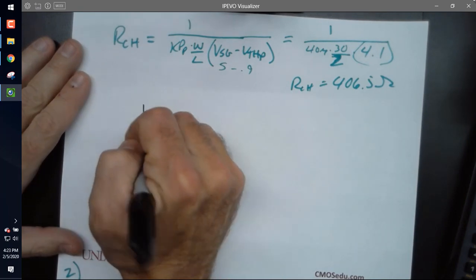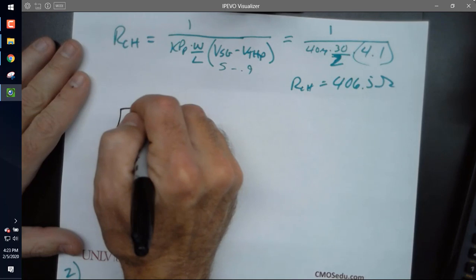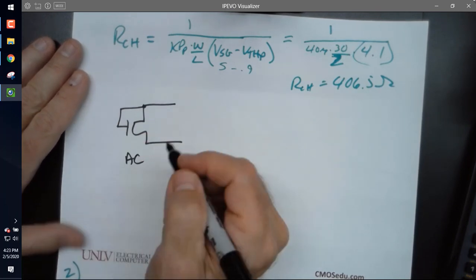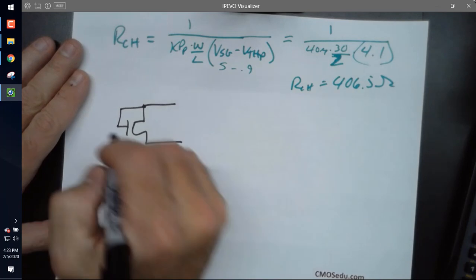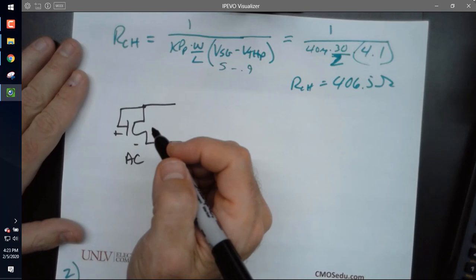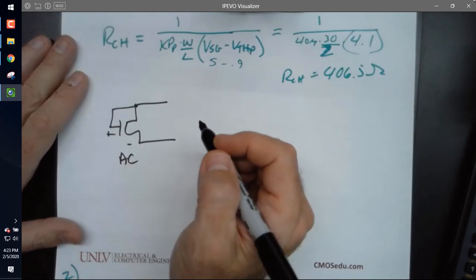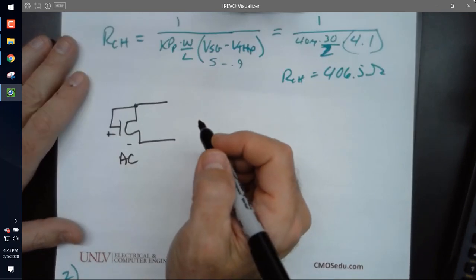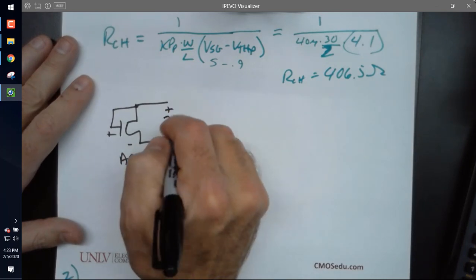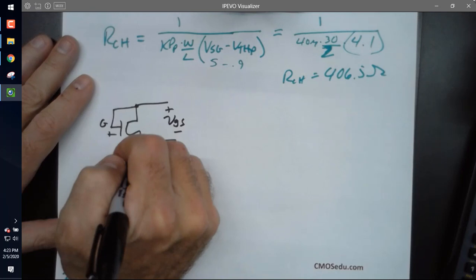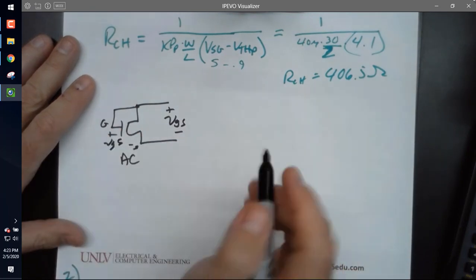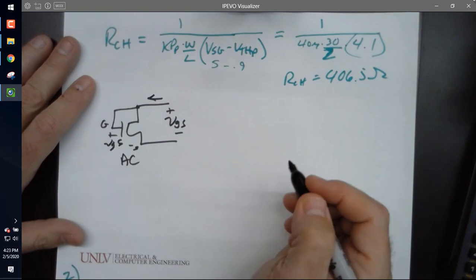If I have a MOSFET that's like this, what's this voltage AC-wise called? Don't all scream it at once. That's right, that's VGS. This is the gate, this is the source, this is VGS. Everybody follow that? What's the current that flows there called?